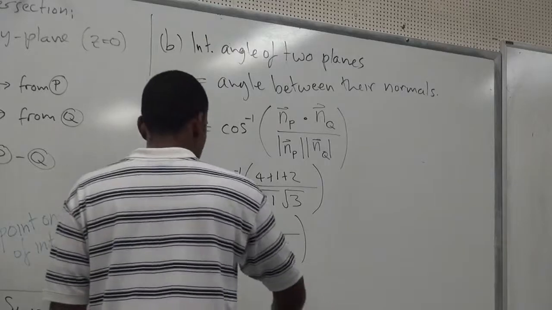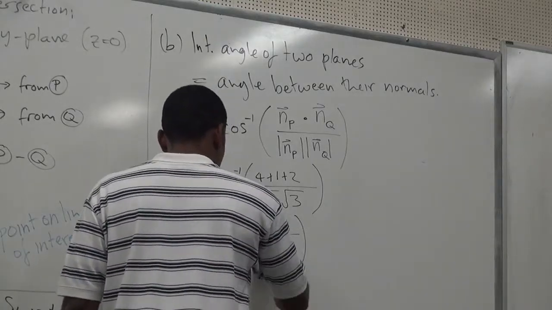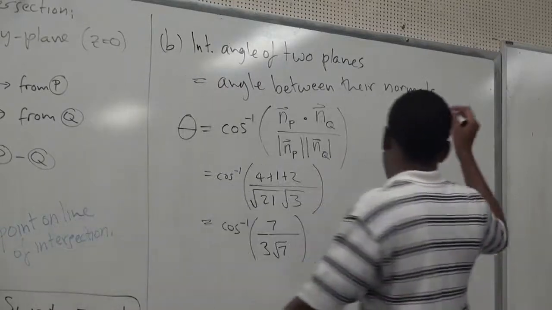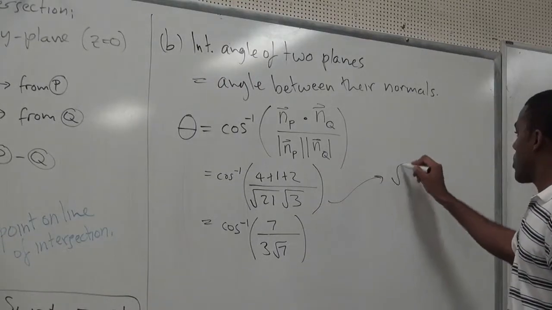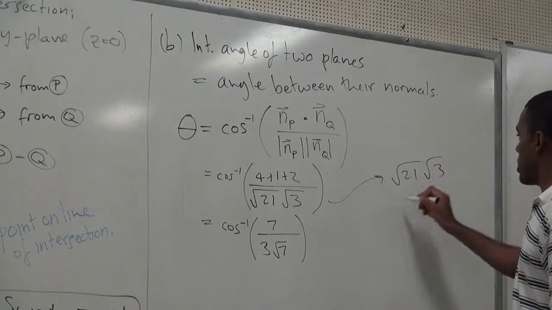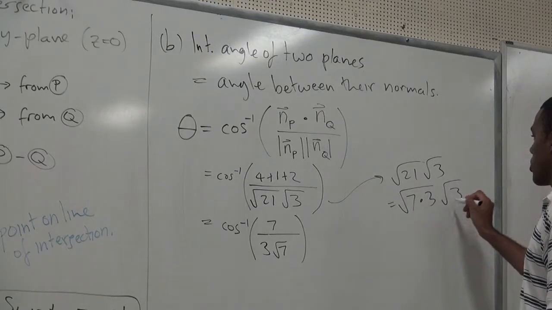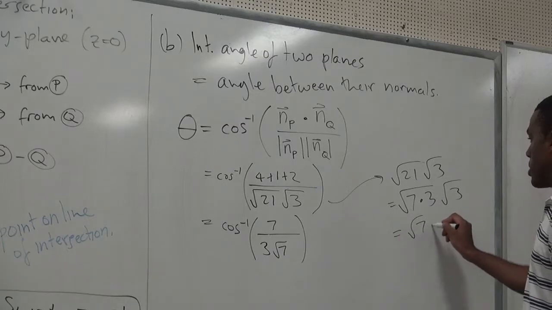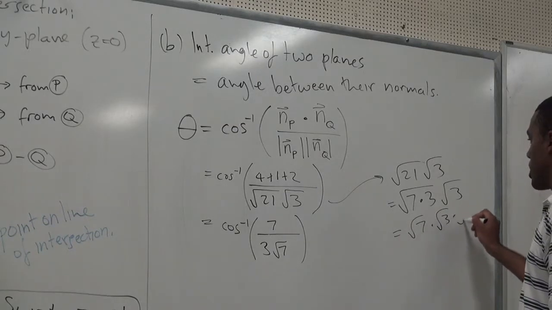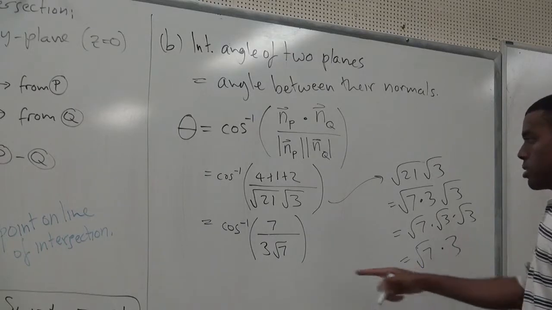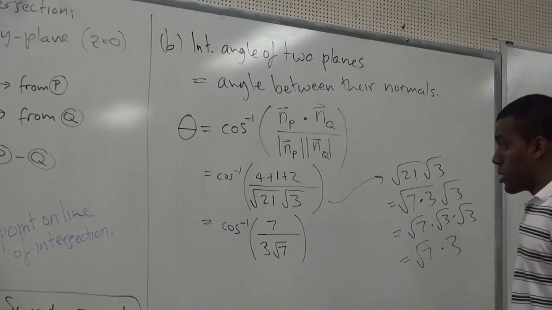How did you do that? Three radicals. Right, because if I have radical of 21 times radical of 3, this is the same as 7 times 3 times radical of 3, which is the same as radical 7 times radical of 3 times radical of 3, which is radical 7 times 3. No, it was the 9 I missed.